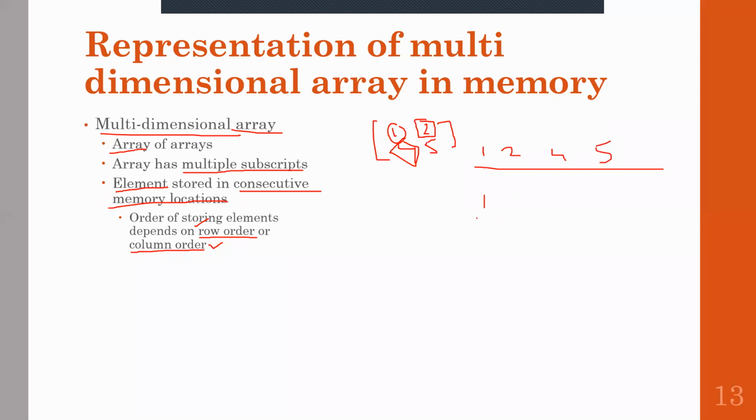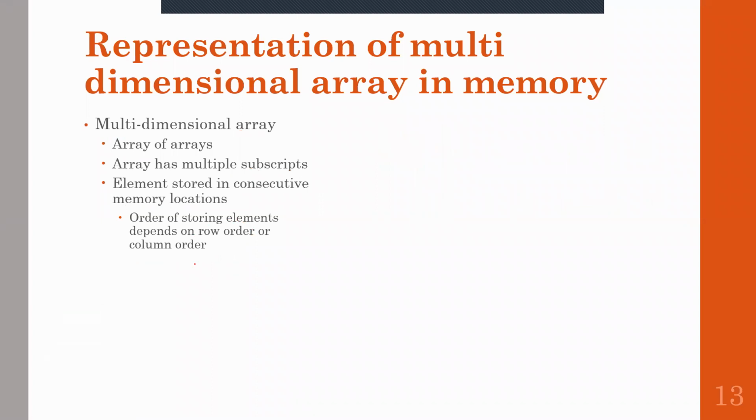It can also be stored in this form: 1, 4, 2, 5. So it depends on whether it is following column order or row order. We'll discuss what is actually meant by this.